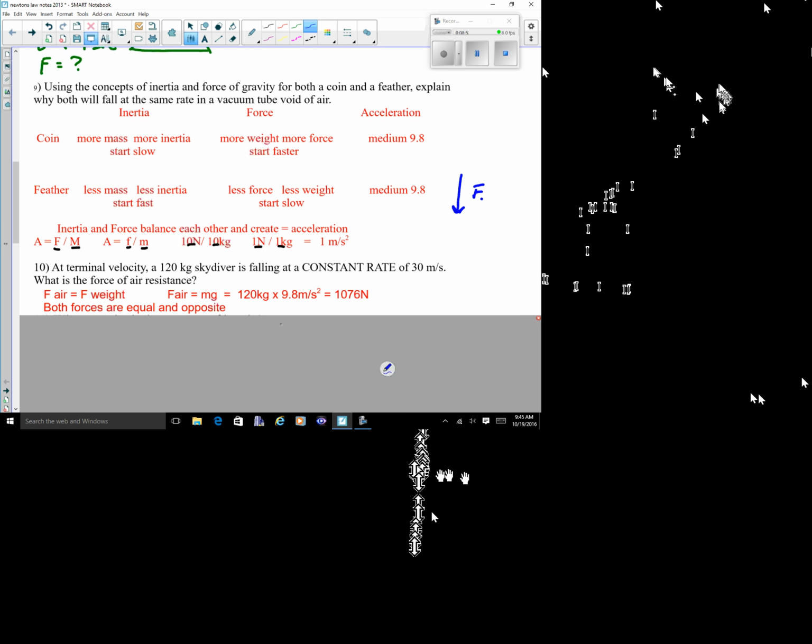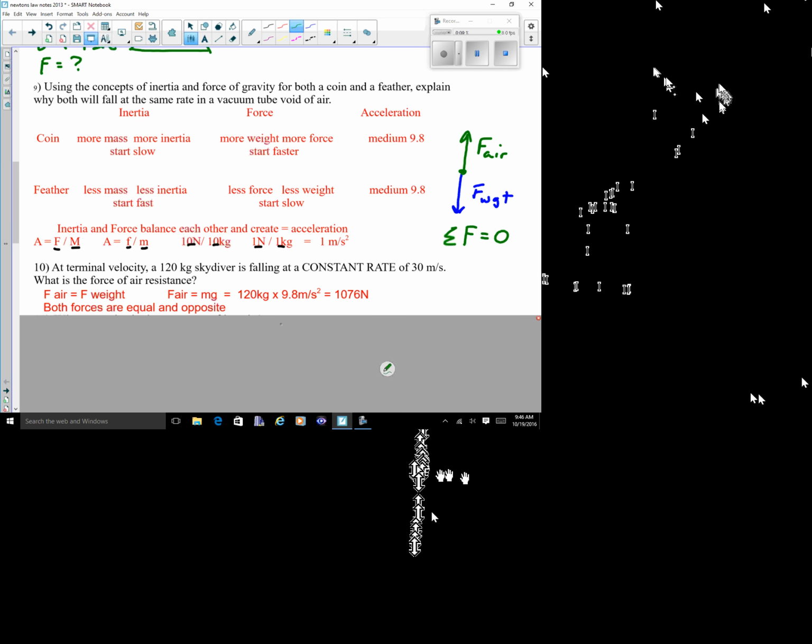This is the force of the air, otherwise known as F air. And if those two things are equal, you get no net force. Now, the sum of all the forces, that little sigma, would end up being 0. Well, if you don't have any force, you don't have any acceleration. That doesn't mean you don't have speed. That just means you don't have any acceleration.